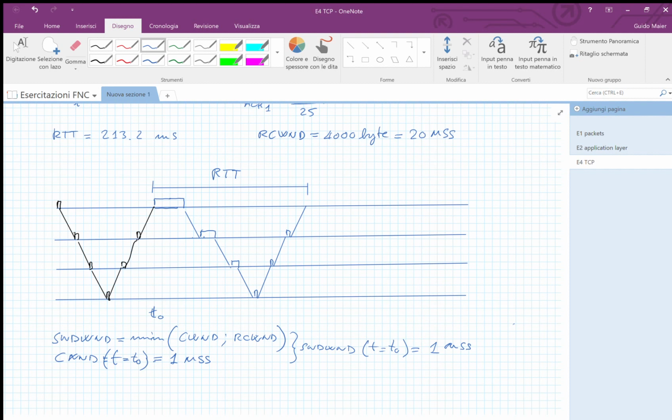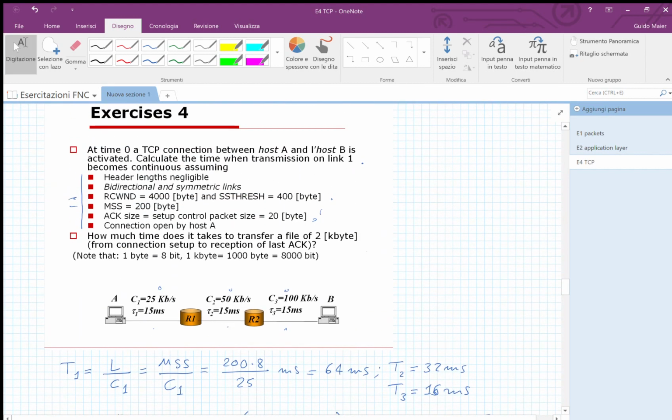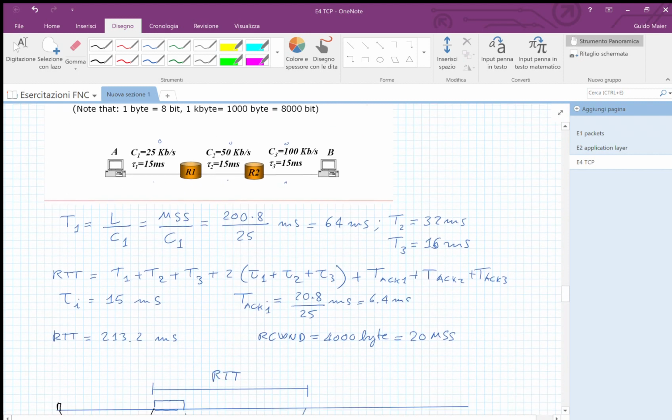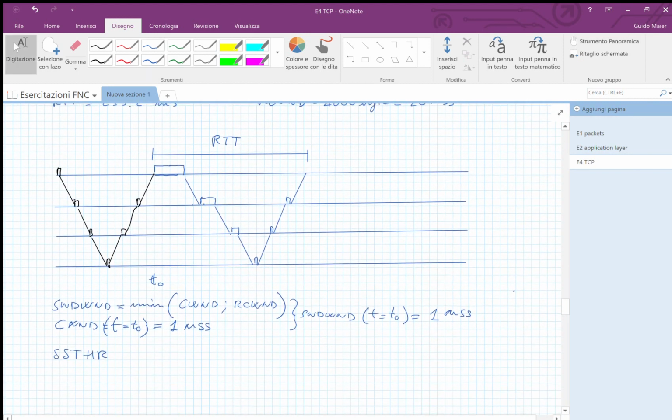In order to understand this, we have to look at the slow start threshold. In this problem, the slow start threshold is set to 400 bytes, so it is equal to 400 divided by the maximum segment size of 200, that is 2 MSS. So at the end of the first round trip time, we are still in the slow start phase.